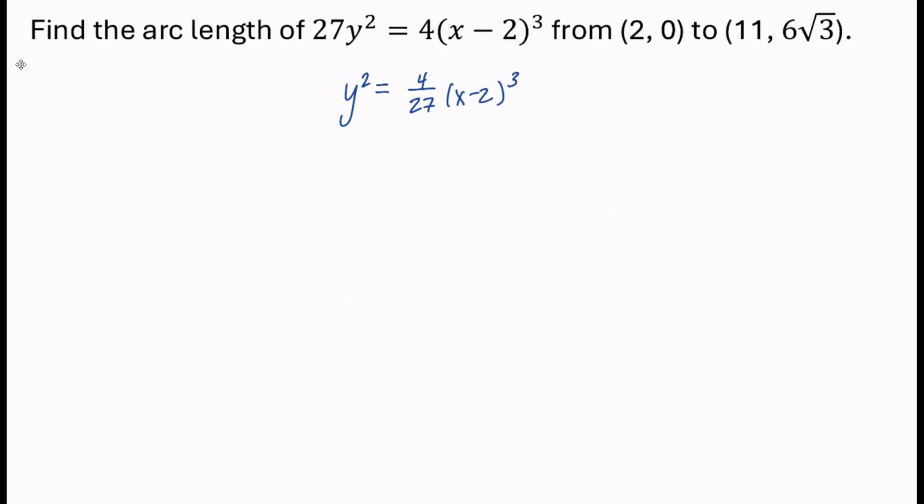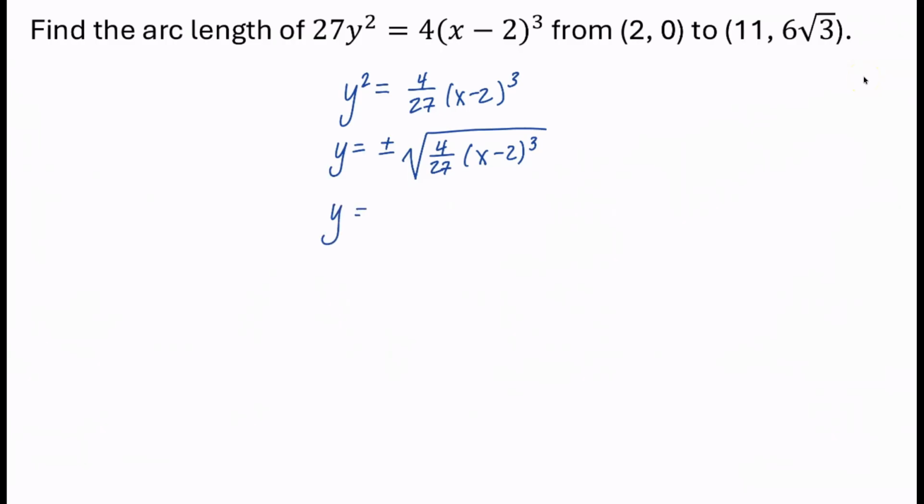And then taking the square root of both sides, which gives me plus or minus the square root of 4 over 27, x minus 2 cubed. But I'm going to focus on the positive one because if I look at the points that are given, I'm looking at this in quadrant 1. So I'm only going to focus on the positive one.